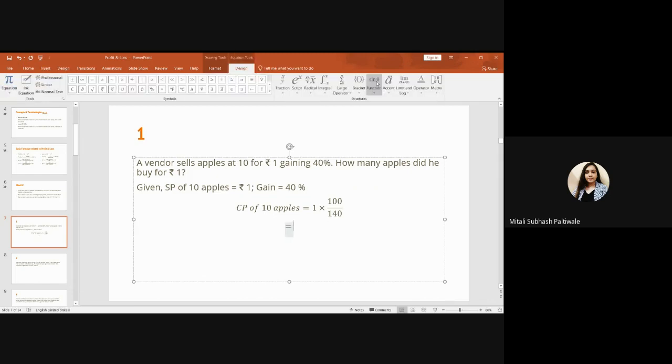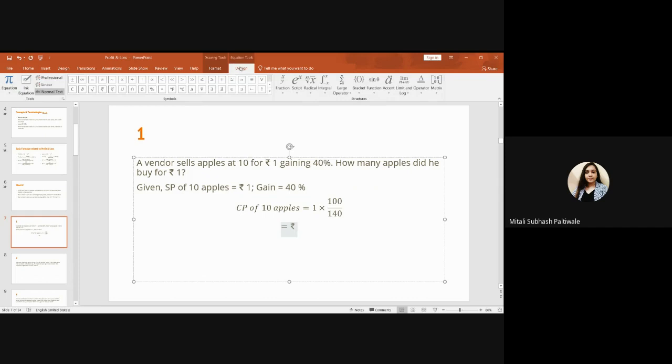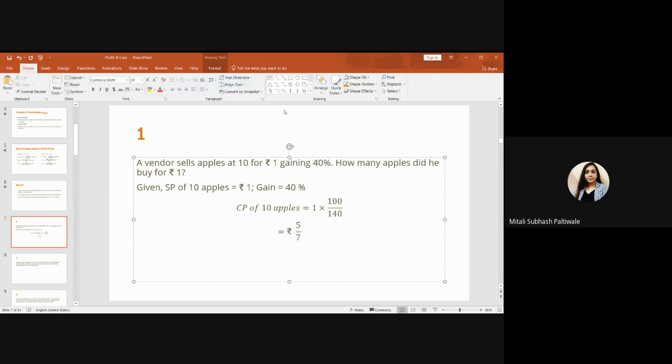This would be equal to rupees 5 by 7. Why 5 by 7? The reason behind it is that 100 is the fifth multiple of 20, and 140 is the seventh multiple of 20.